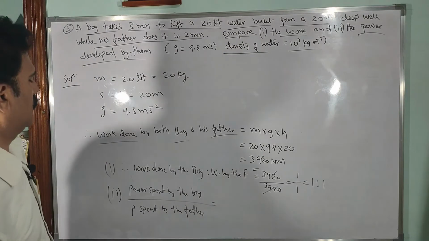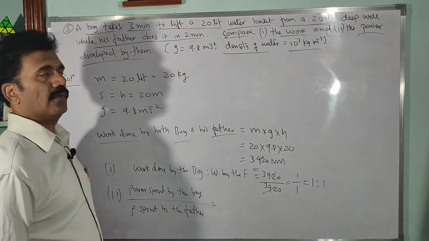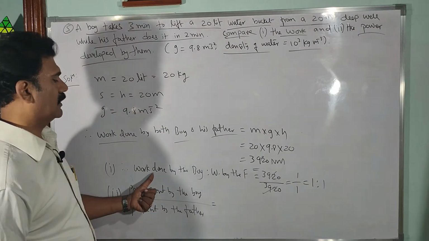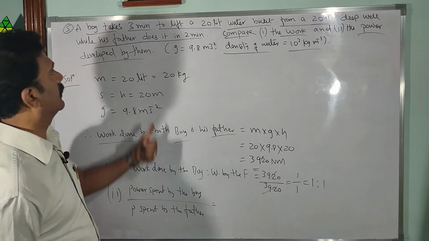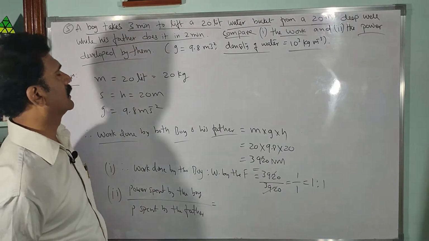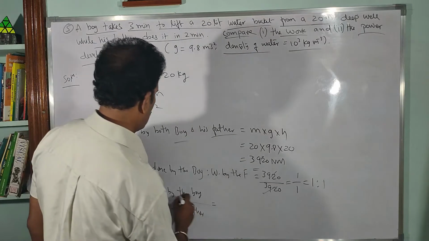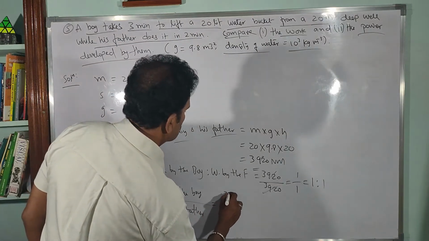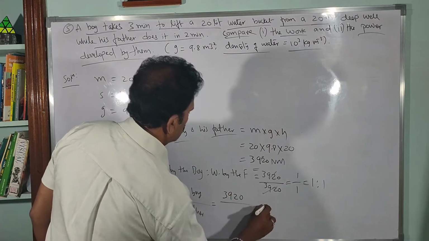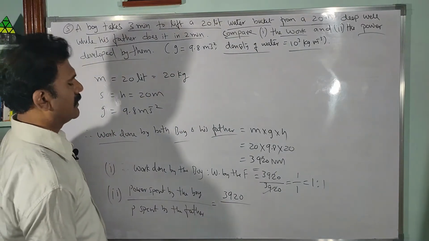So how do you calculate power spent by the boy? Total work done by the boy divided by time taken by the boy. That you have to consider: 3 minutes it is, correct? So power spent by the boy is already calculated work 3920 divided by 3 minutes.